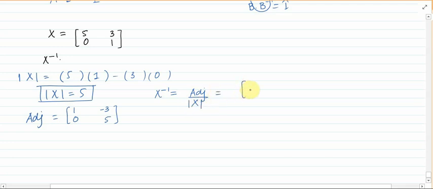The adjoint we found is 1 0 negative 3 5, divided by the magnitude, which is 5. So we can write 1 over 5 times 1 0 minus 3 5.